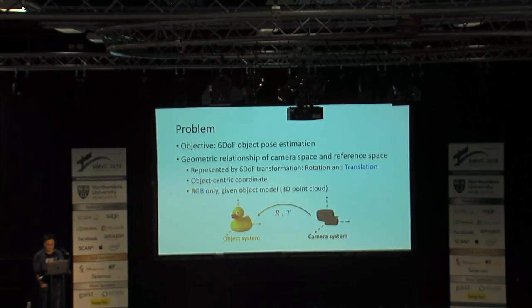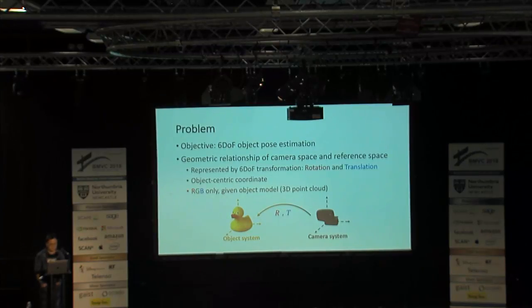In our case, we want to predict the pose of every object present in your image with just an RGB image without depth information. We all know that in our daily use, the mobile phone or the camera at the end of a robot's arm, there are quite a lot of scenarios where we don't have a depth camera.